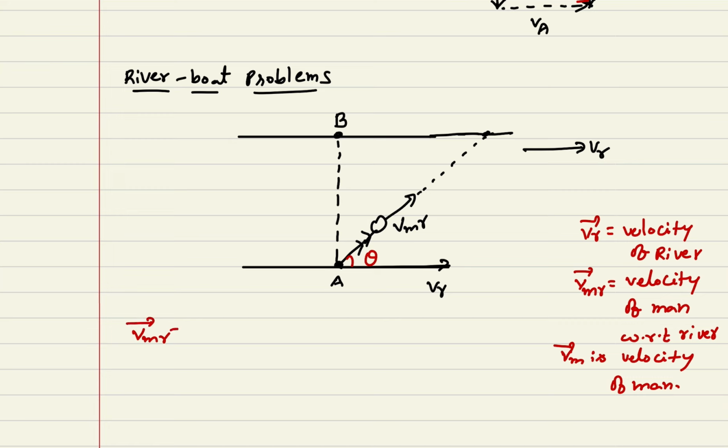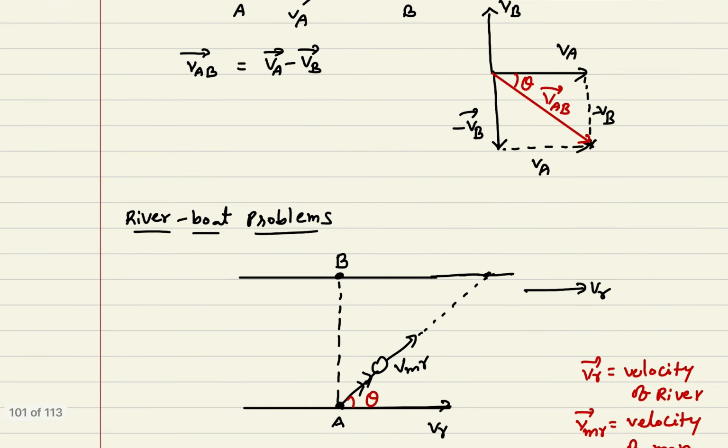According to our relation, velocity of the man with respect to the river is equal to velocity of the man minus velocity of the river. You can write that velocity of the man is equal to velocity of the man with respect to the river plus velocity of the river.